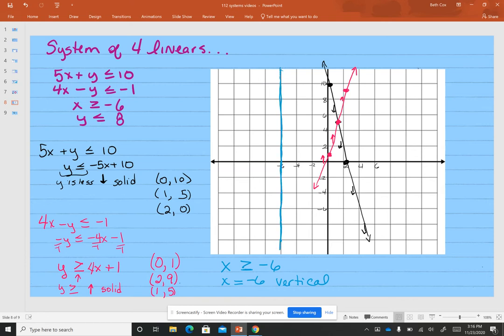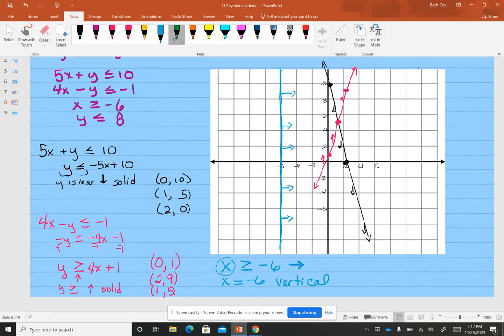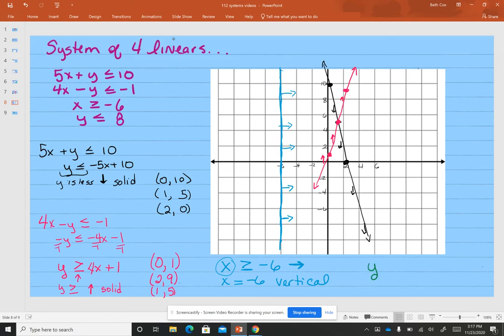Now this time it says greater than. So we're doing the x's that are greater. So x's that are greater, I'm going to shade to the right. So I'm going to put a little mark right here to shade to the right. Okay, and then I've got one more line, and it says y is less than or equal to 8.